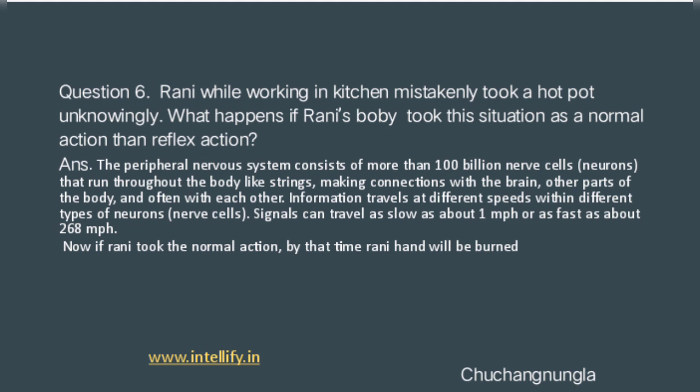Now, in human beings, the peripheral nervous system consists of more than 100 billion nerve cells that run like a string, making connections with our brain. Now a signal can travel as slow as about 1 mph or as fast as about 268 mph. Now if Rani took the normal action, by that time Rani's hand would be burned.